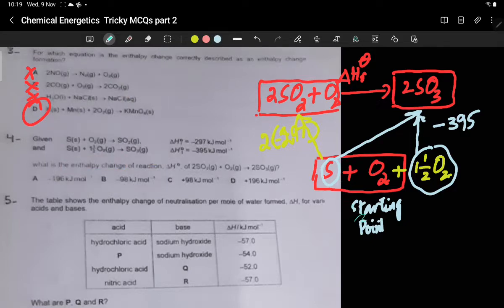So starting with one arrow, and the other route is like this. This is another route. We have discussed in class that this is route 1, and this is route 2.